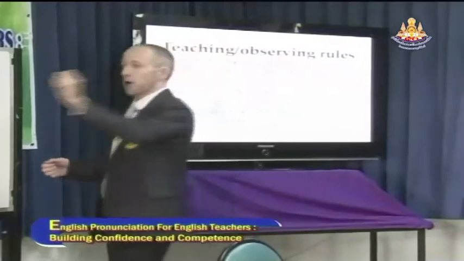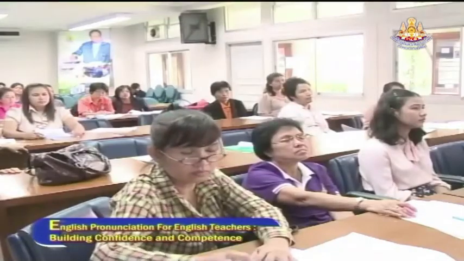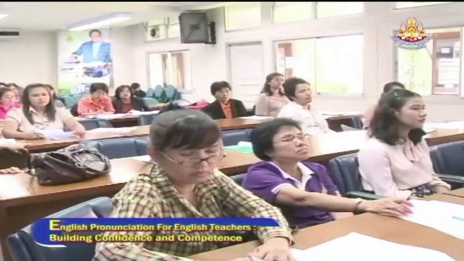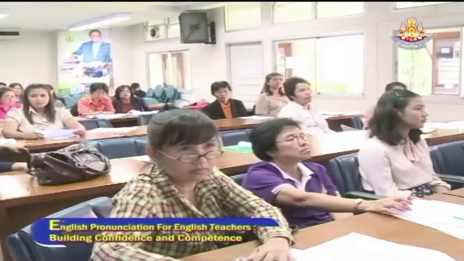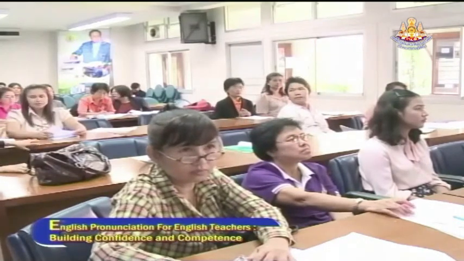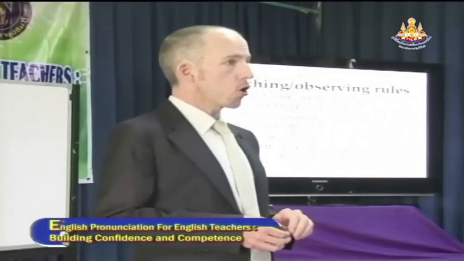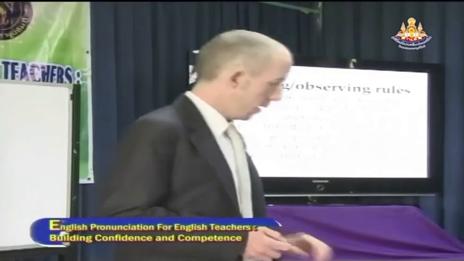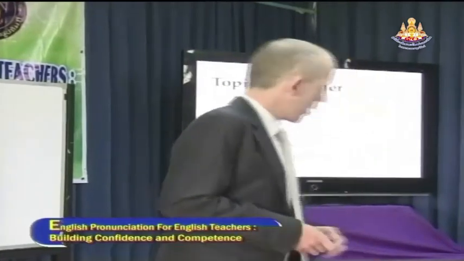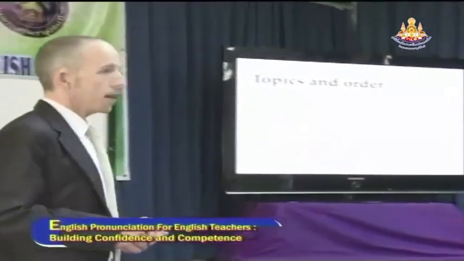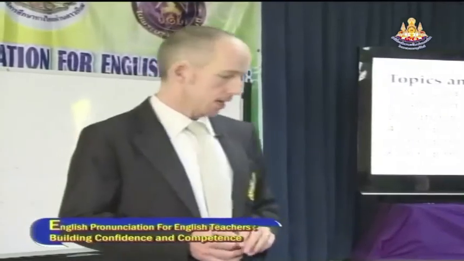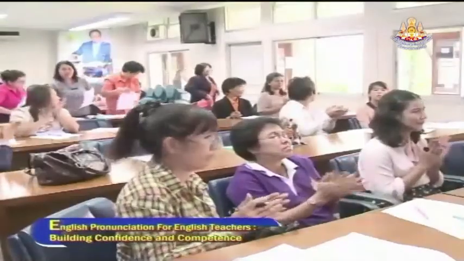And the teacher can write on the board if you want, no problem. Okay? Questions? All right, then let's get started with group number one. Group number one is talking about the voiced and voiceless F and V.